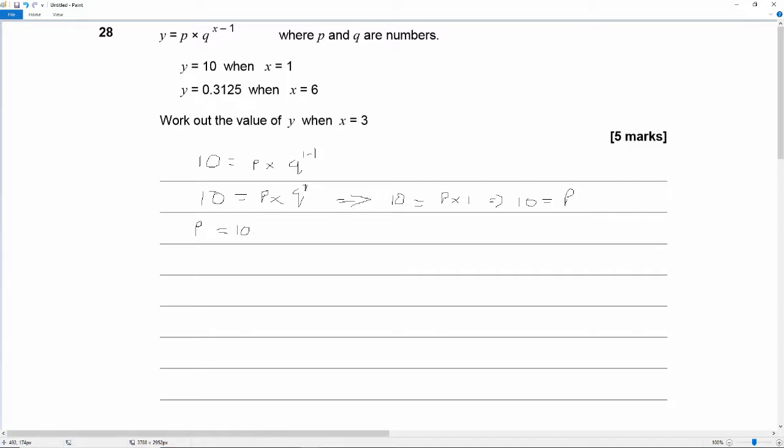Okay, so we know that y is 0.3125 when x equals 6. So 0.3125 is equal to p, which we know now is 10, times q raised to the power 5, because 6 minus 1 is 5.